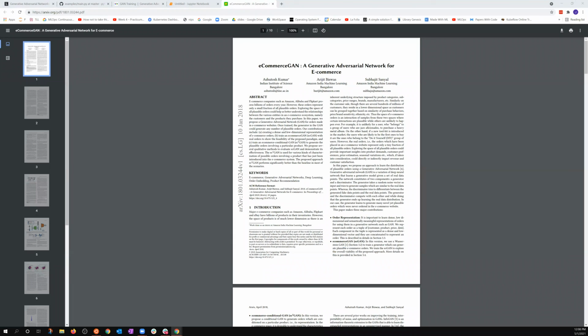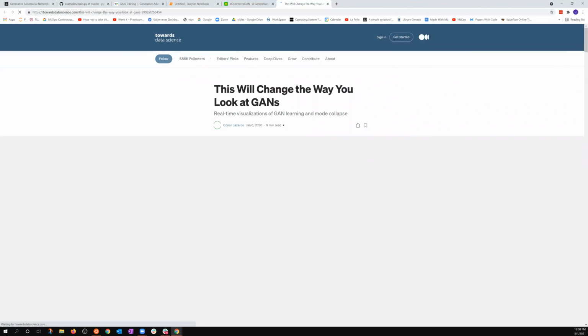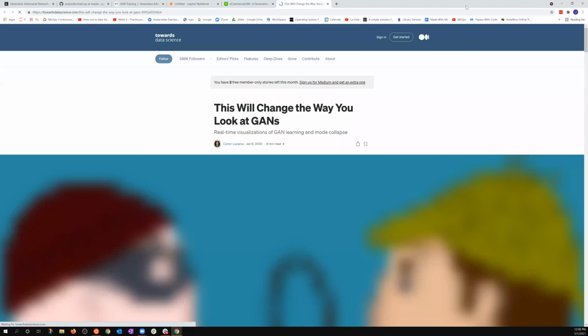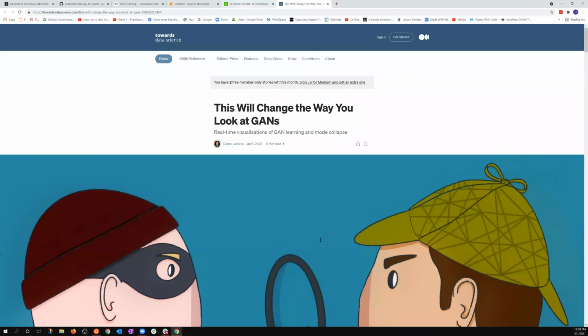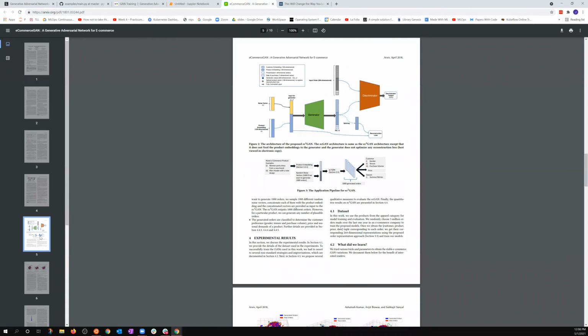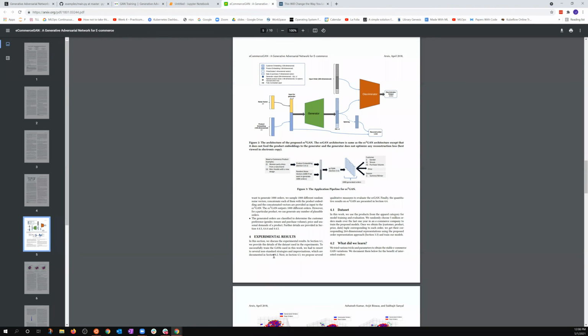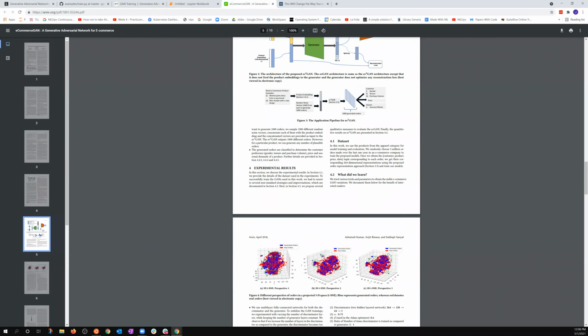And this is a good work too, the e-commerce GAN, in which you generate data with respect to the products and services that you have. So there are multiple applications in which it's currently being used.